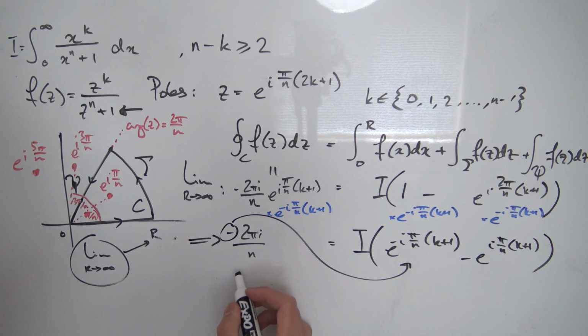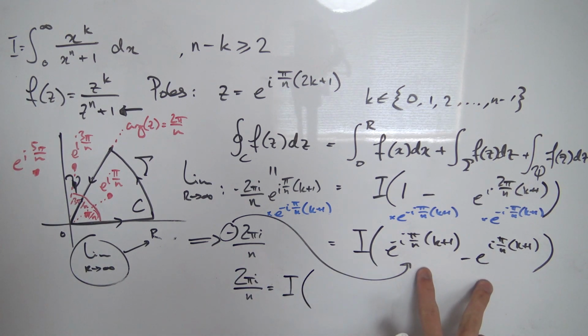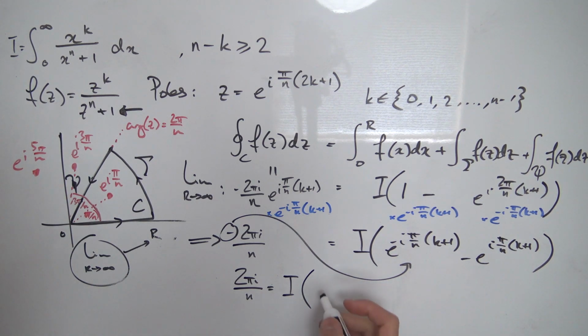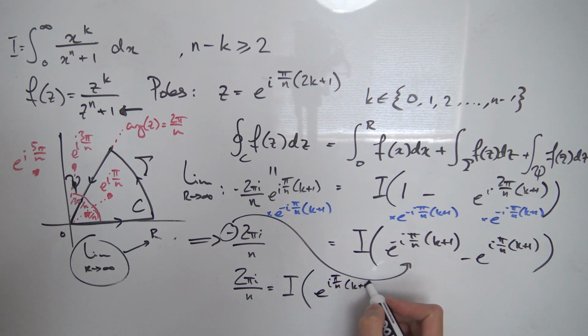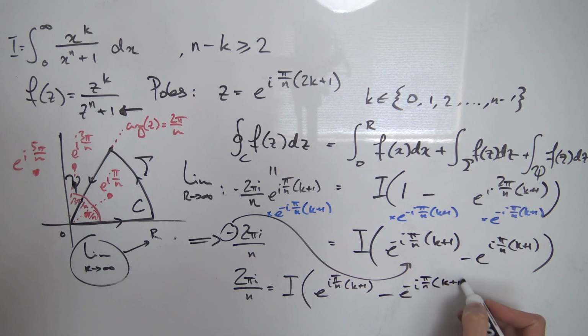So now we have 2 pi I over n, that's exactly I, times, now if we multiply negative into this difference right here, we're just going to flip it around. So we have now e to the I pi over n times k plus 1. And then we also have minus e to the minus I pi over n times k plus 1. So we're just switching these two around.